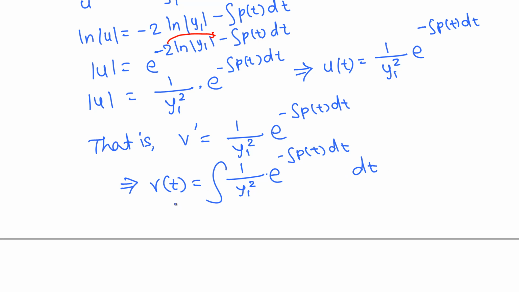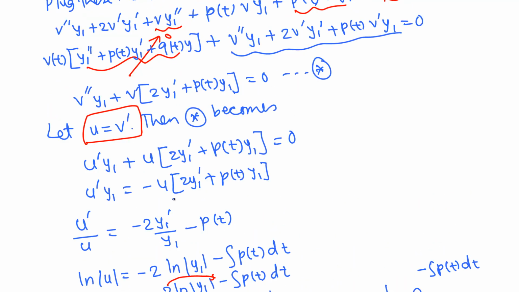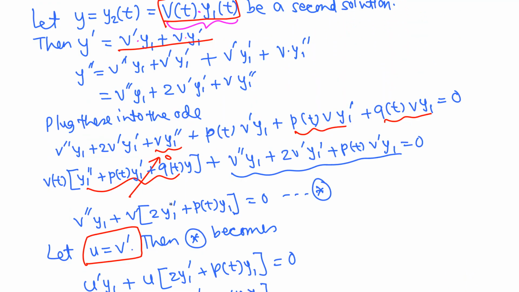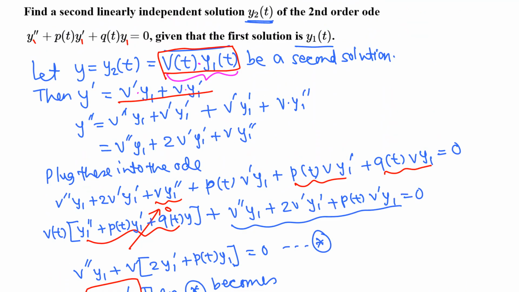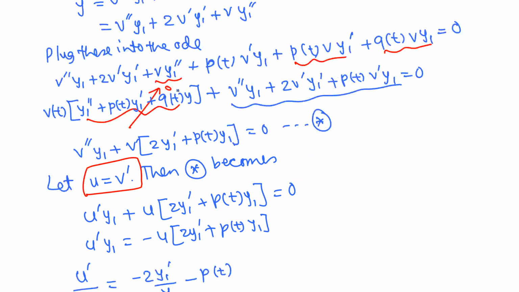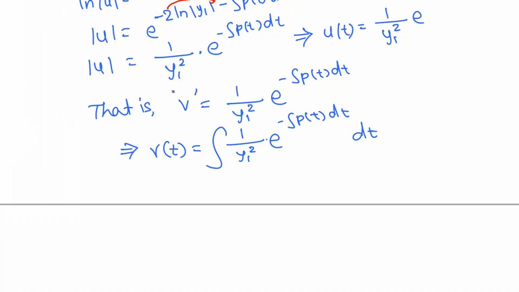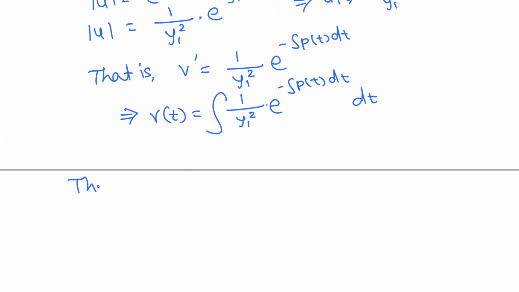So with this v, now we have a second linearly independent solution, because the second solution is v(t) times y1. We just found v and we multiply by the given solution y1. So thus the second solution y2 is given by y1 times v.